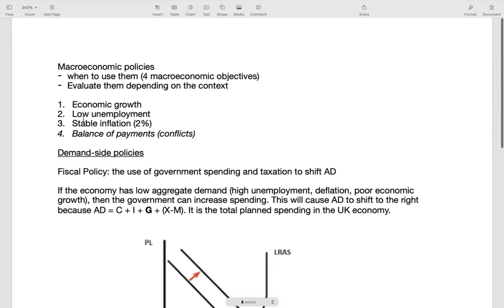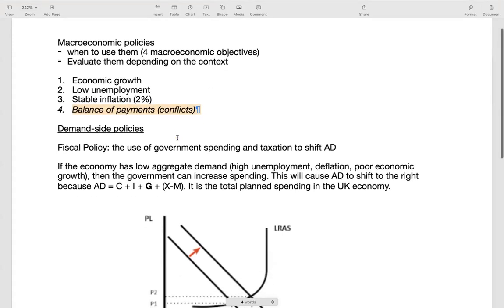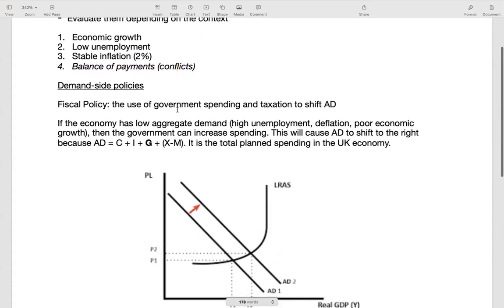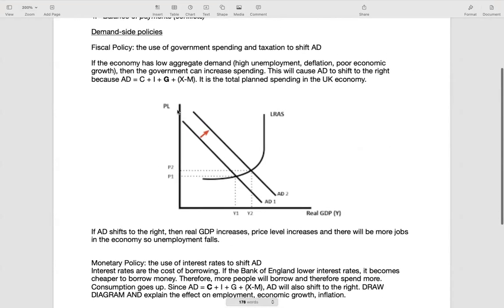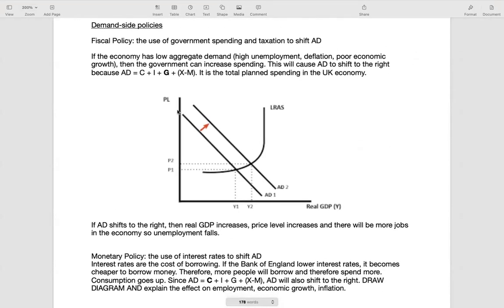So do all four of them apart from balance of payments, because that's more about trade stuff. So this will affect all of them except the balance of payments. Kind of, but we don't need to talk about it. It will just confuse us. So let's leave that for now. And it's probably not really going to affect it much.